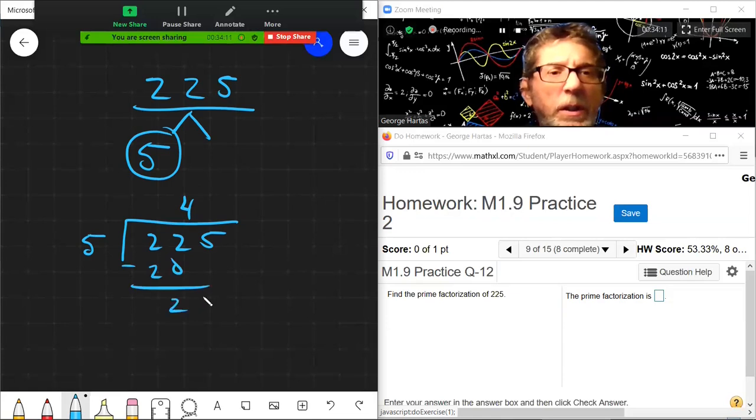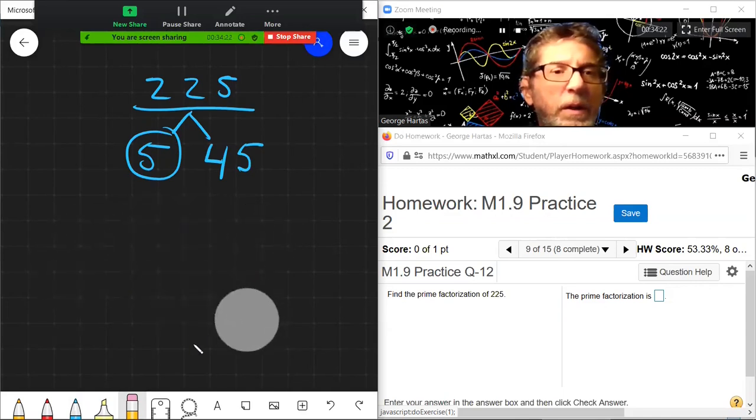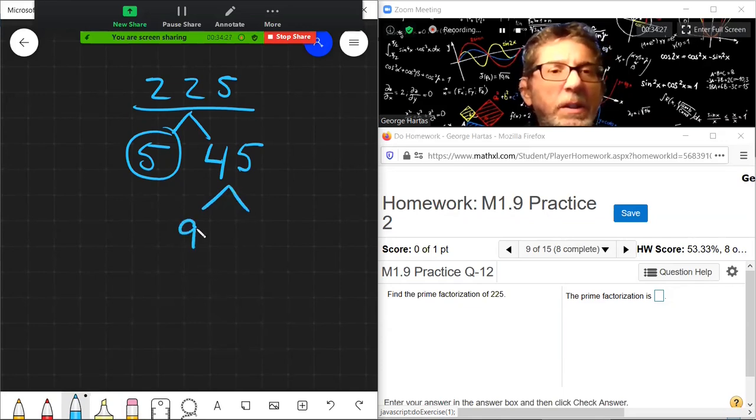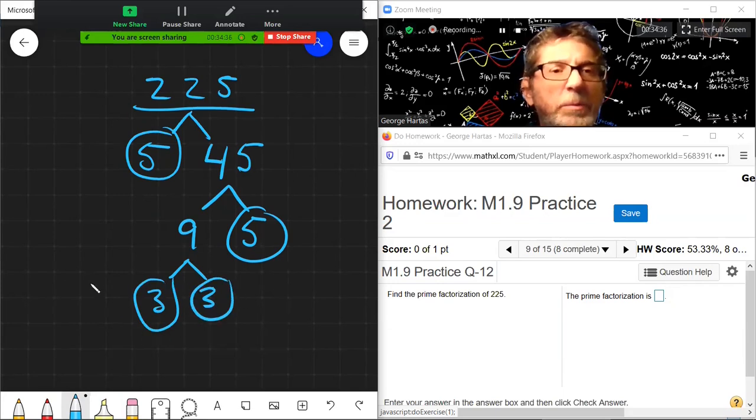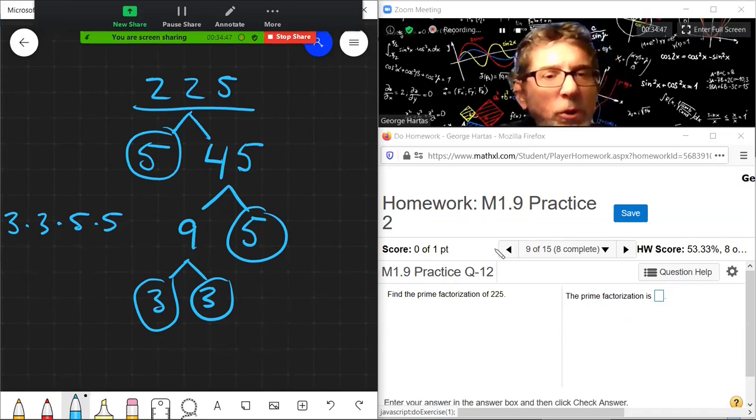Nothing fancy. 5 times 45 is 225. And then you said that, oh yeah, 45, that's the same thing as 9 times 5. Correct. Circle your primes. Our final answer in factored form, 3.3.5.5. They don't specify exponential form, so we have to assume that's what they want. Let's try it, see what happens.